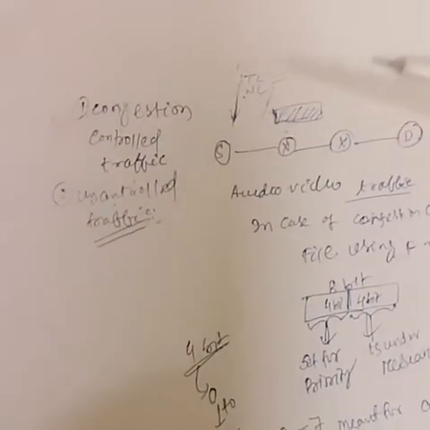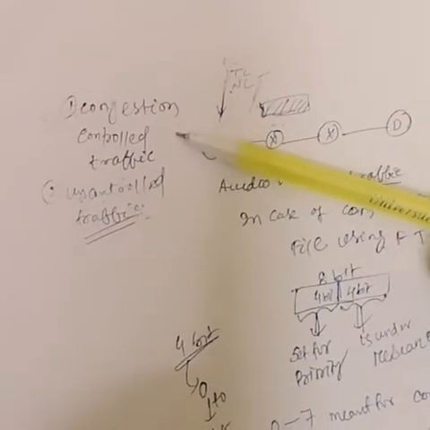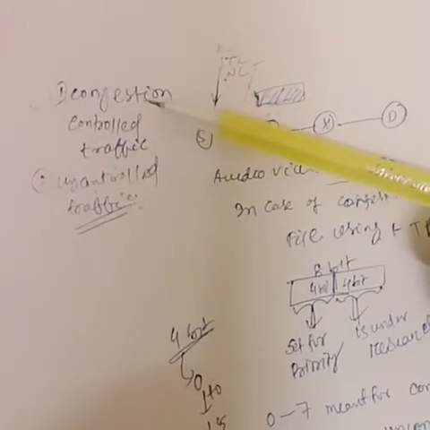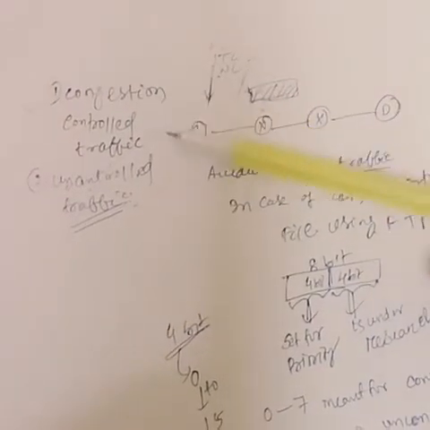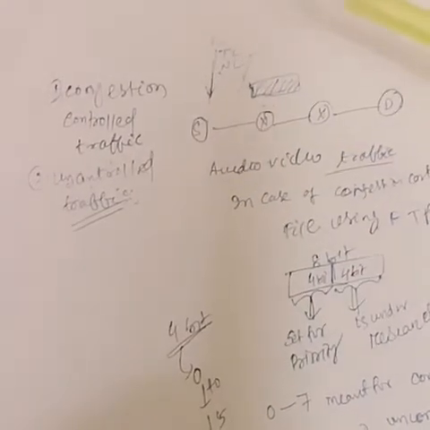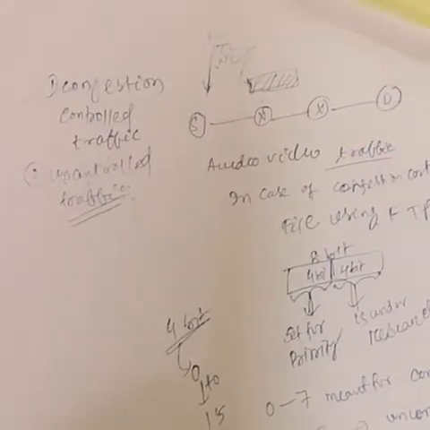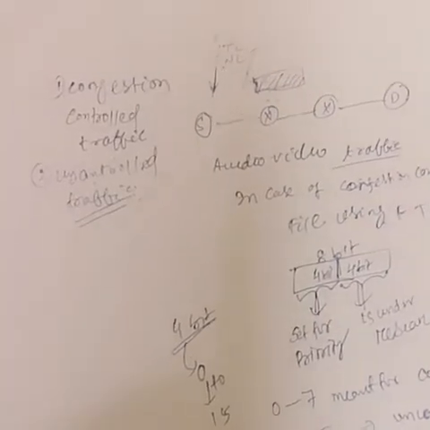But in case of congestion control traffic, suppose you send a file using FTP. If you discard a packet, later you can retransmit it, and that packet will be kept in place and the file will be formed, right?